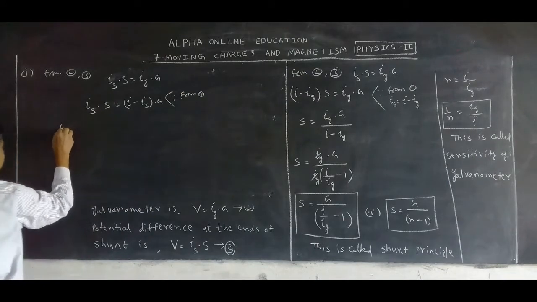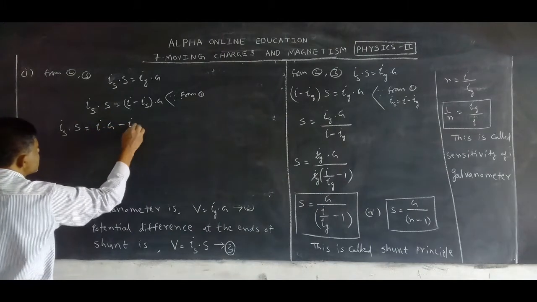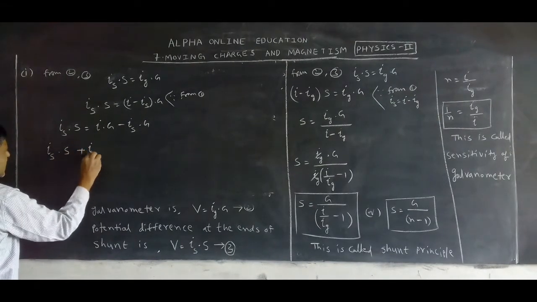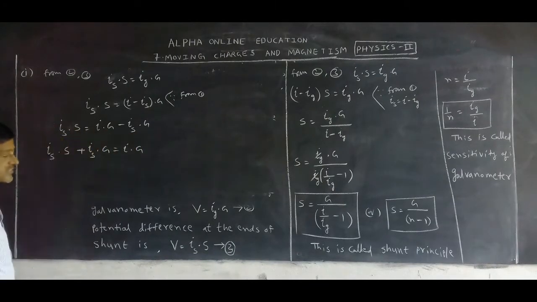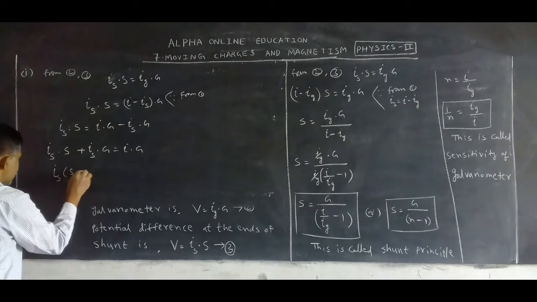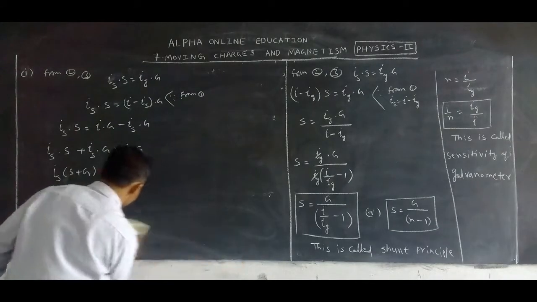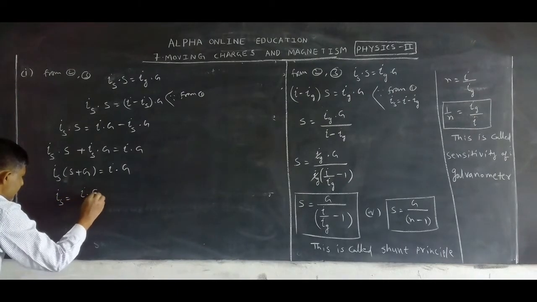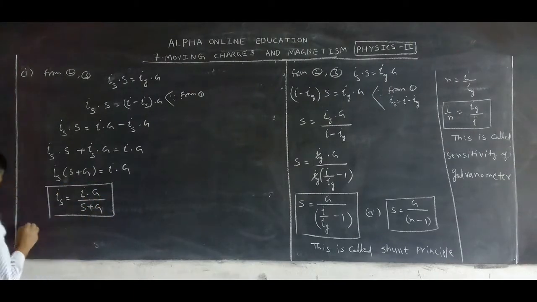So Is S = I G - Is G. Now Is S + Is G = I G. Taking this to this side, Is (S + G) = I G. Then Is = I G by (S + G). This is the current through the shunt resistor.